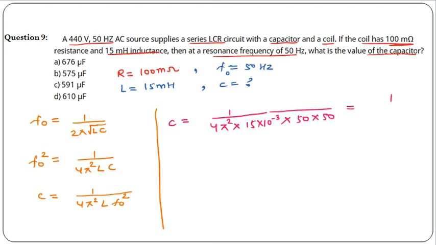So it will give 1 upon 1480.44. Okay, so capacitance value we are getting 675.47 microfarad. So this is matching with 676 as the closest answer. So option A is correct.